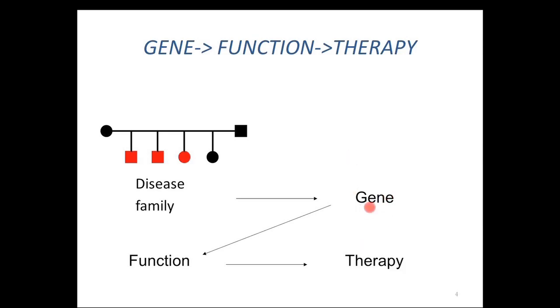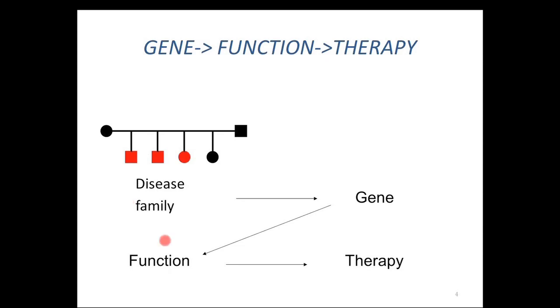Now, in principle, the whole idea of doing this is to identify the gene causing the disease, because from there you hopefully can learn what is the normal function of that gene, and then how is that function disrupted or missing, causing the disease itself.